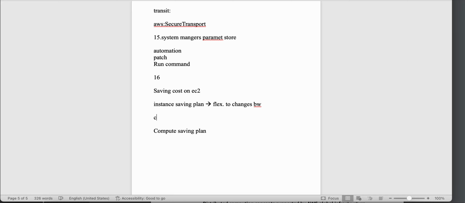Let's say you have a C5 xlarge, you can change it to C5 2xlarge. Basically the family remains the same, but within the family you can use larger instances.